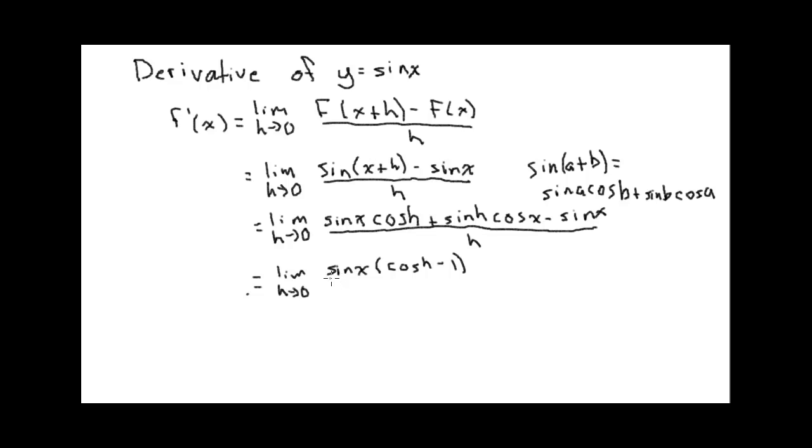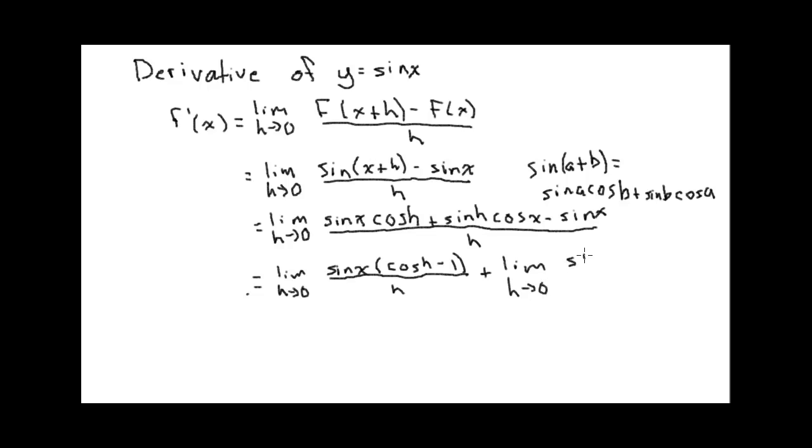I'm going to skip a couple steps. So I'm going to split this up. So that's this part, and then I still have this sine h, cos x in the middle here. So I'm going to split that up and write it as a separate limit, to save space.